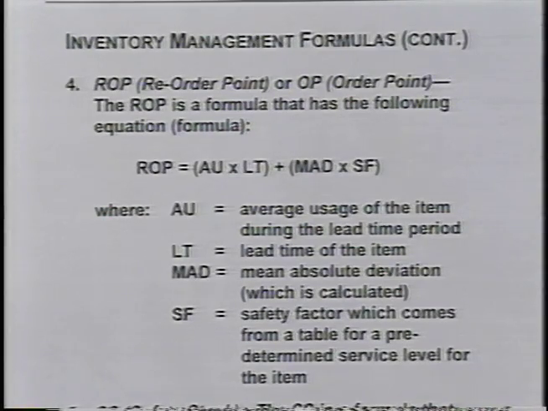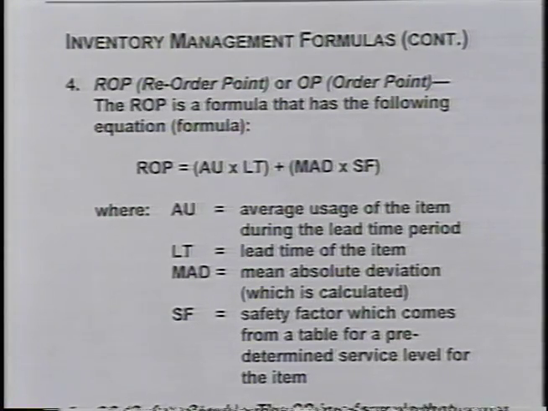The second portion is MAD, which is an acronym for mean absolute deviation, and that is calculated, and again we're going to show you how that's accomplished, and you multiply that by a safety factor which comes from a table based upon a pre-selected service level or fill rate out of the storeroom.